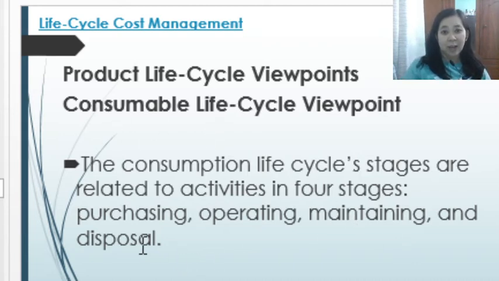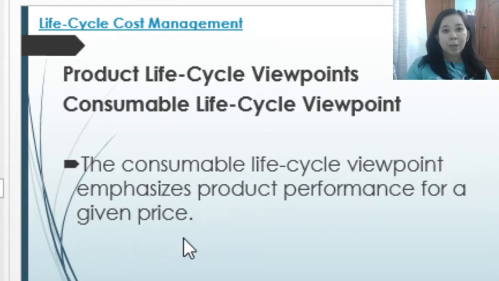So the stages again are purchasing, operating or using it, maintenance, and the ultimate disposal of the product. So the consumable life cycle viewpoint emphasizes the product performance for a given price. We are talking about consumer value this time.